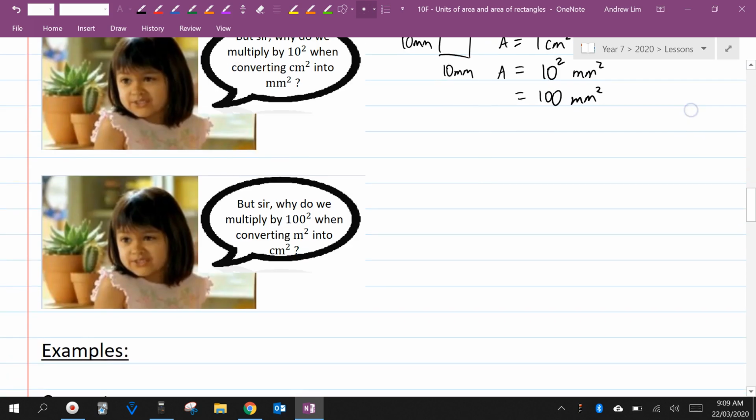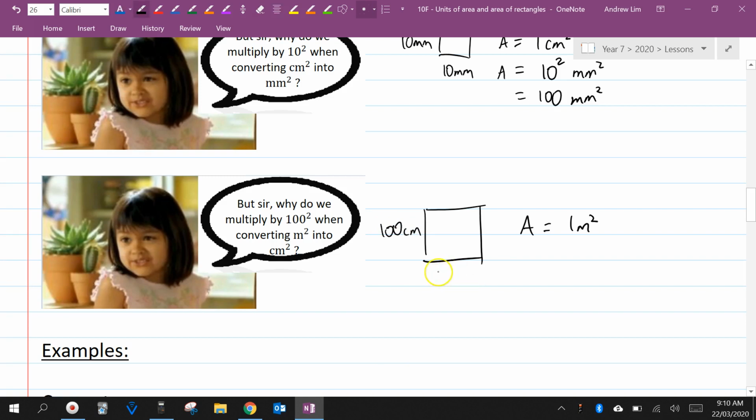But sir, why do we multiply by 100 squared when we convert square meters into square centimeters? Well, again, if we were to have a square that is 1 meter by 1 meter, the area is 1 square meter. Okay, 1 times 1 is 1. But how many centimeters are there in a meter? 100.